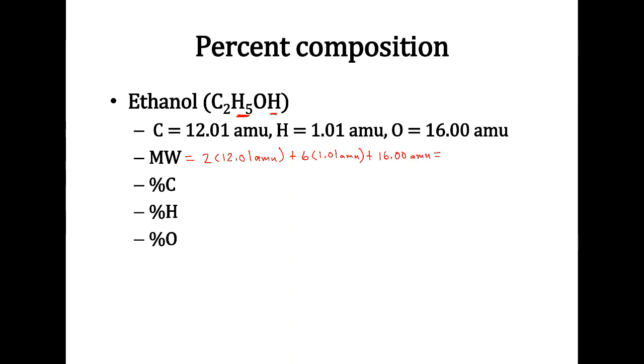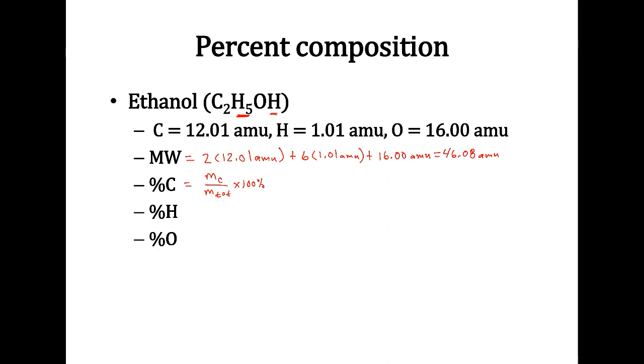So if you add all those together, you should end up with a total molecular weight of 46.08 AMU. All right, so recall, for finding the percent composition of carbon, we'd be looking at the mass of carbon divided by m tot, the total mass, times 100%.